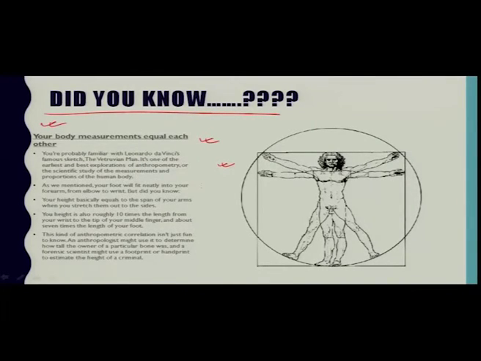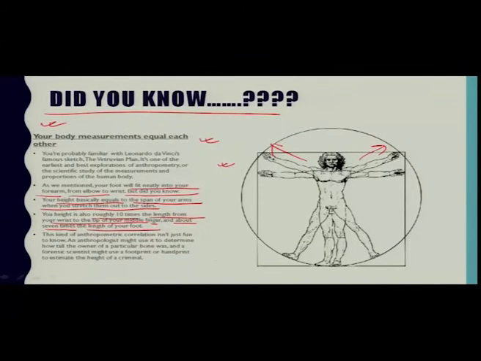As we mentioned, your foot will fit neatly into your forearm from elbow to wrist, but did you know that your height basically equals the span of your arms when you stretch them out to the side? Your height is also roughly 10 times the length from your wrist to the tip of your middle finger and about 7 times the length of your foot.